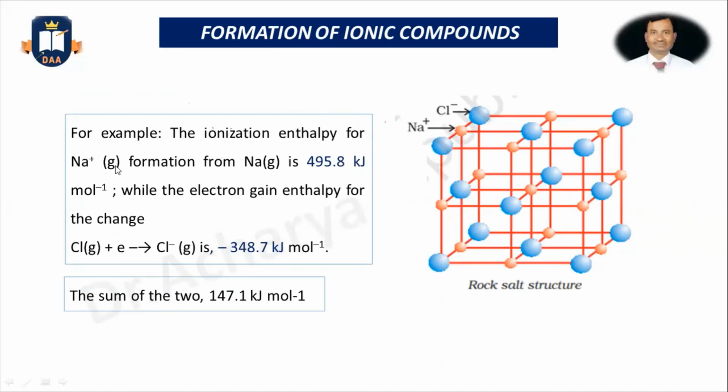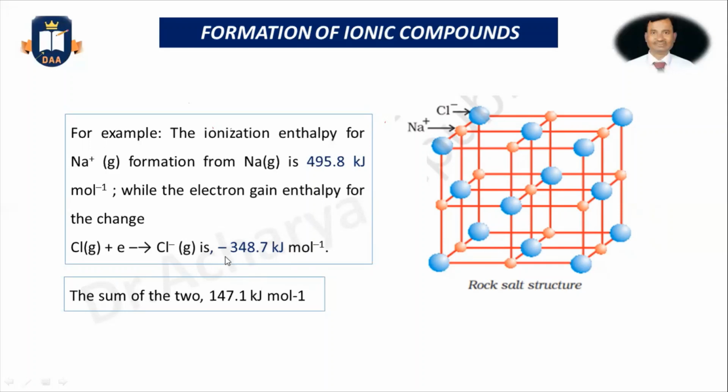See, the ionization enthalpy for Na plus formation from sodium is 495.8 kilojoule per mole. And for the electron gain enthalpy, for the change from the chlorine atom in gaseous form, you will accept one electron to form the anion Cl minus in gaseous form.